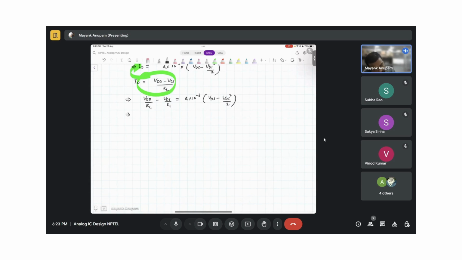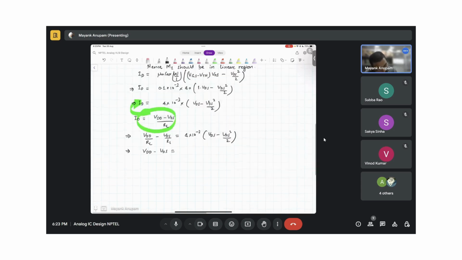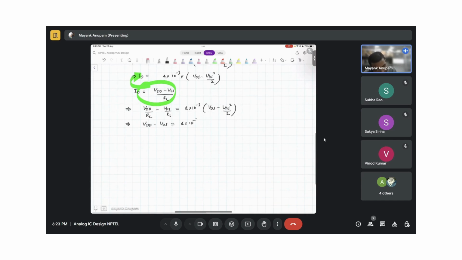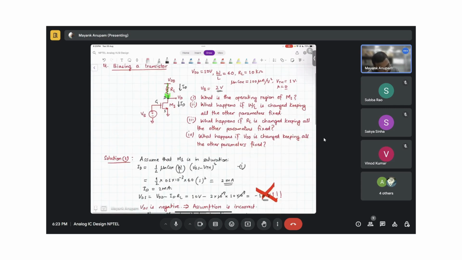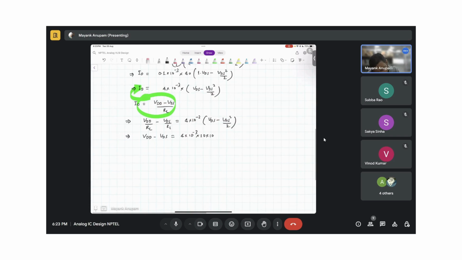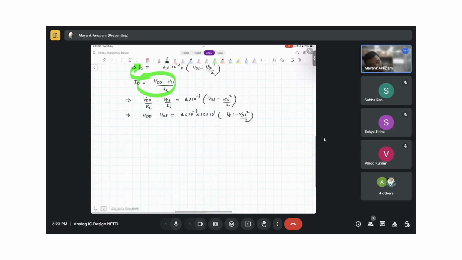So solving this, 4 into 10 to the power minus 3 into RL is how much? I'm just taking this RL to the opposite side, in the RHS. RL is 10 kilo ohms, right? So 10 into 10 to the power 3.